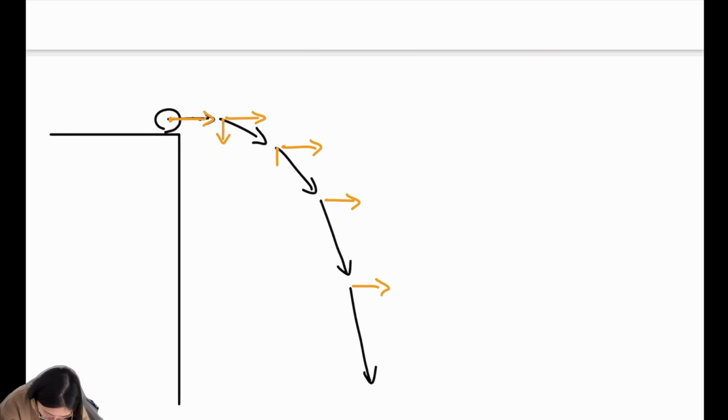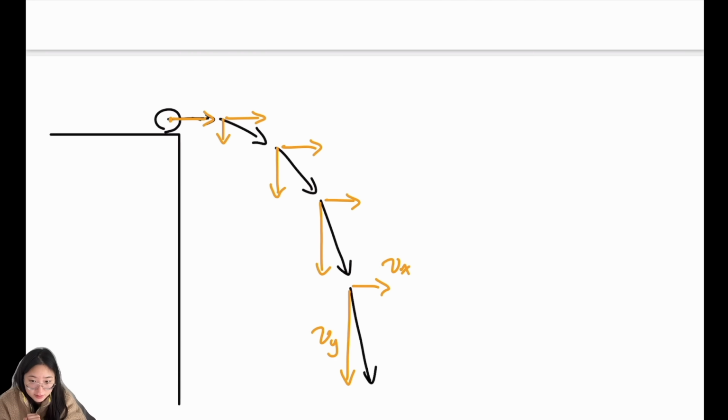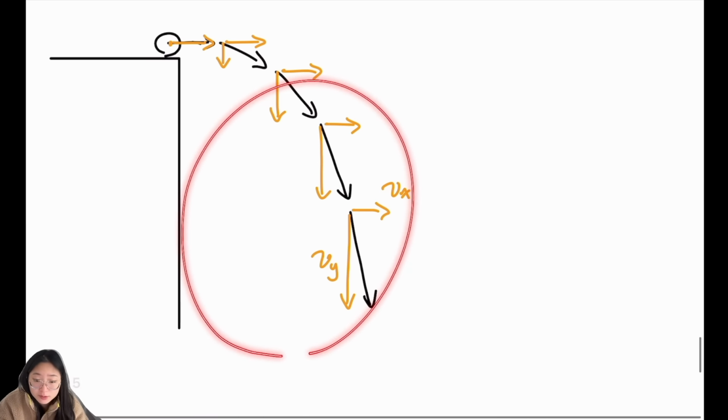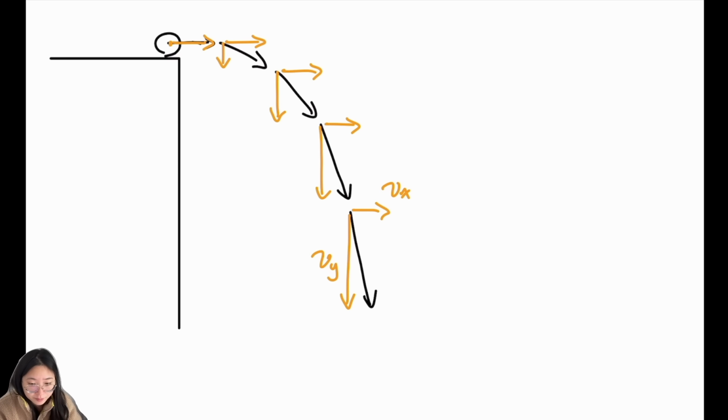Then the next moment, Vy is pointing down and the magnitude is larger, and even larger and larger. So now it's obvious that only Vy changes while Vx is always constant. So no matter which one it is, this one or this one, they both represent a projectile motion.